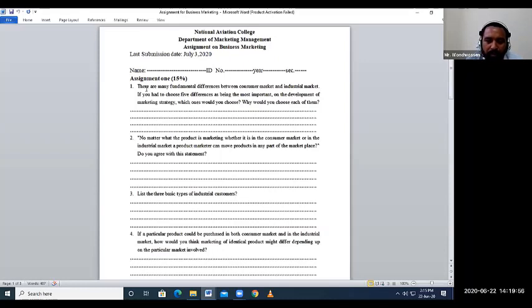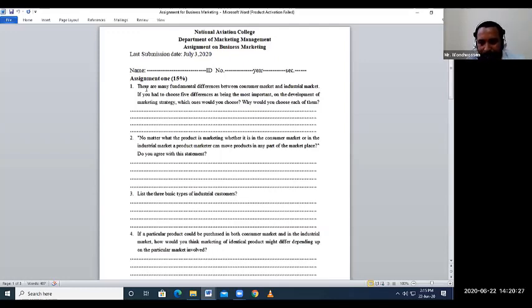The demand for an industrial product is derived demand. Basically, the demand exists as a result of having another product. So regardless of the price, the demand will not change, and price is not such an important factor in the industrial market.